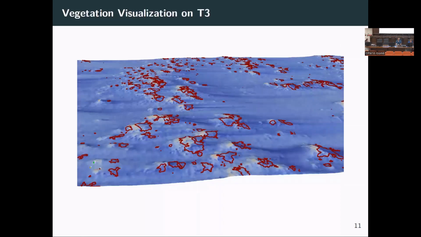And just to revisit T3 and why it was so effective, my colleagues who collected the photogrammetry data using a drone also were able to extract a vegetation mask from that, which I projected on top of the shear stress CFD results for treatment 3.